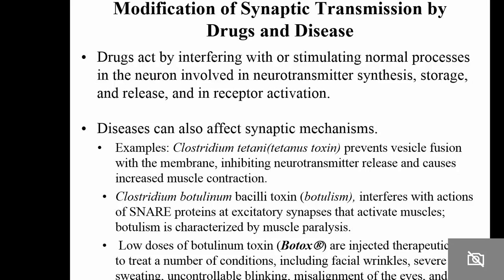So, at excitatory synapses that activate muscles, botulism is characterized by muscle paralysis. So they're essentially doing something very similar, but they're doing it to two different types of neurons. Tetanus toxin does it to an inhibitory neuron and causes you to be overactive. Botulinum toxin does it to the neuromuscular junction and causes paralysis.